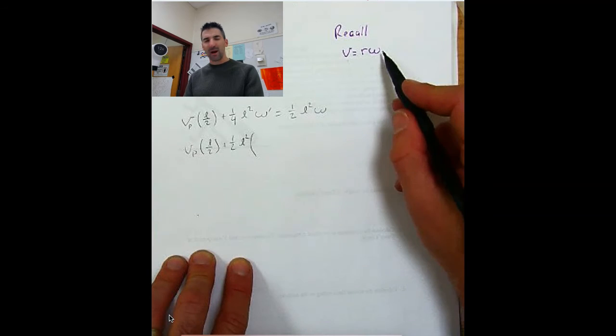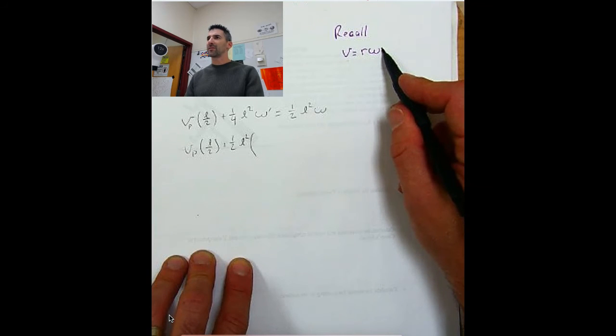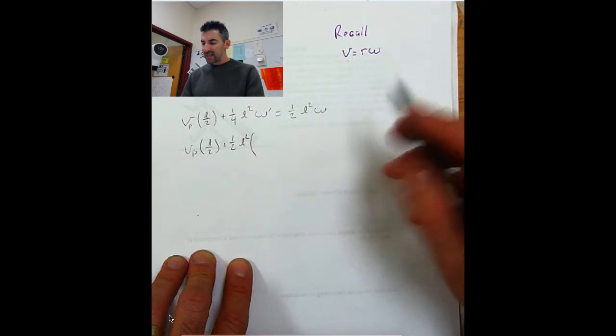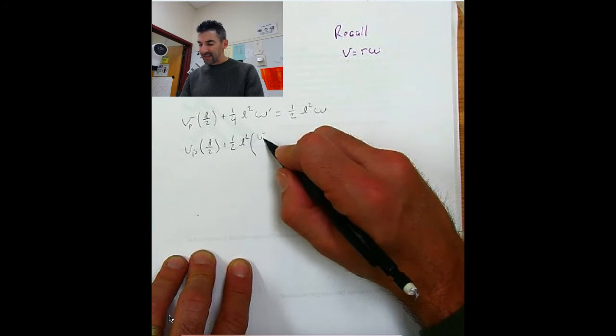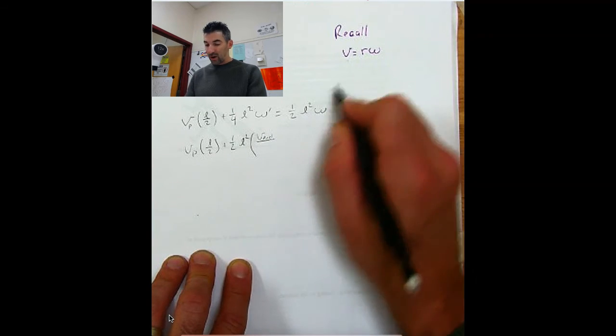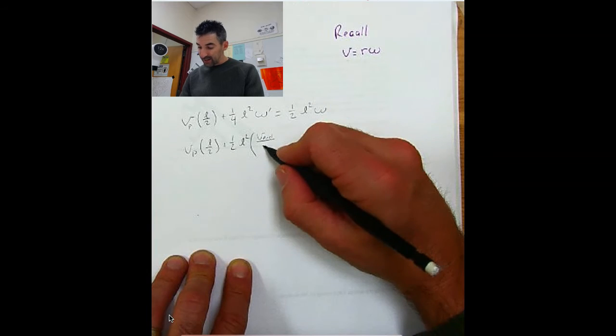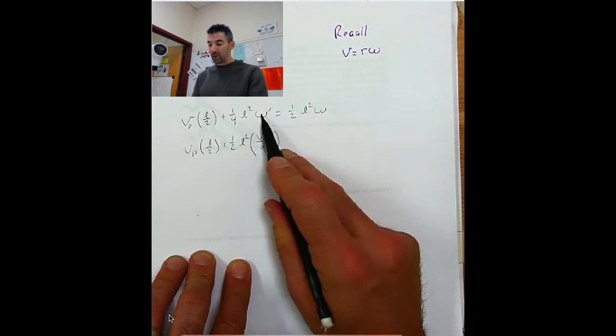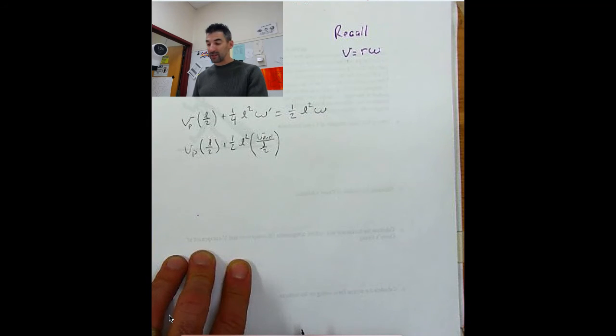I'm going to say omega prime was omega at the end, the angular velocity at the end, which means this must be the velocity at the end divided by r, and we know r is L over 2. Those two things are equivalent.